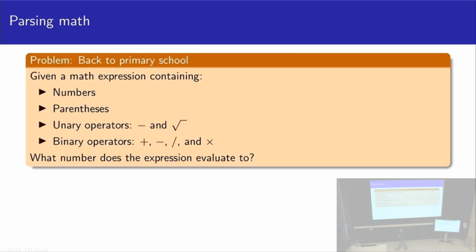And then we have, well, basically these things, right? So numbers, parentheses, unary operators, and for now let's limit ourselves only to the minus sign as a unary operator, so taking the negative version of a number, and the square root. And four operators for binary operators: plus, minus, times, and division.